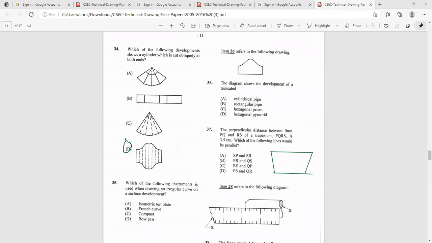So the perpendicular distance between line PQ and RS of a trapezium PQRS is 3.5 millimeters. From here to here is 3.5 millimeters.